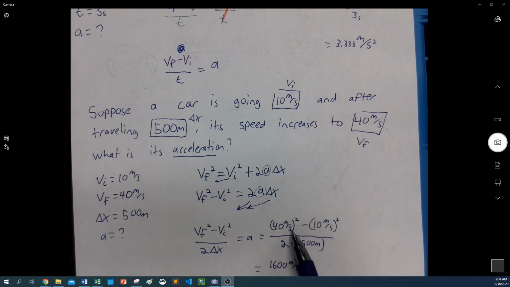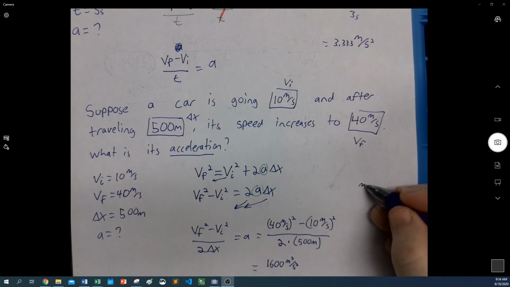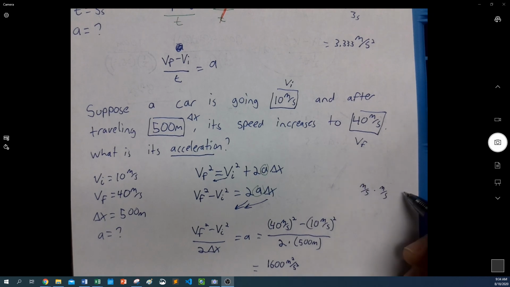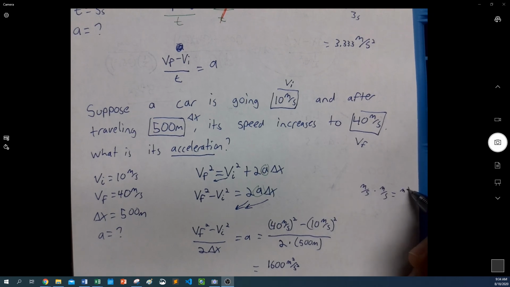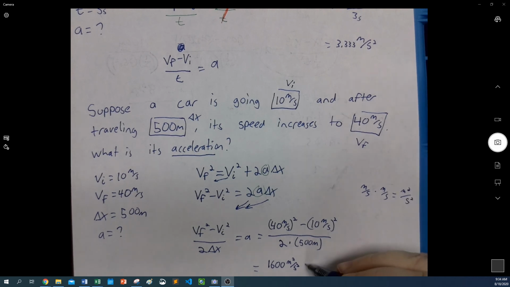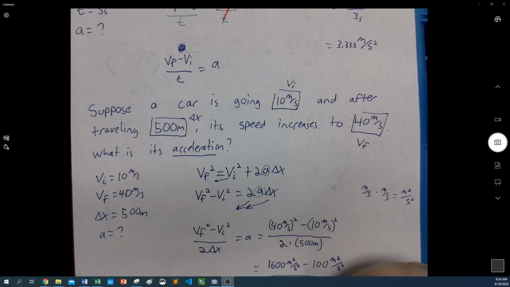So again, if you have a meter per second times a meter per second, the meters are going to double up to be meter squared. The seconds are going to double up to become second squared. Then that'll be minus 100 meters squared per second squared, divided by 1,000 meters.